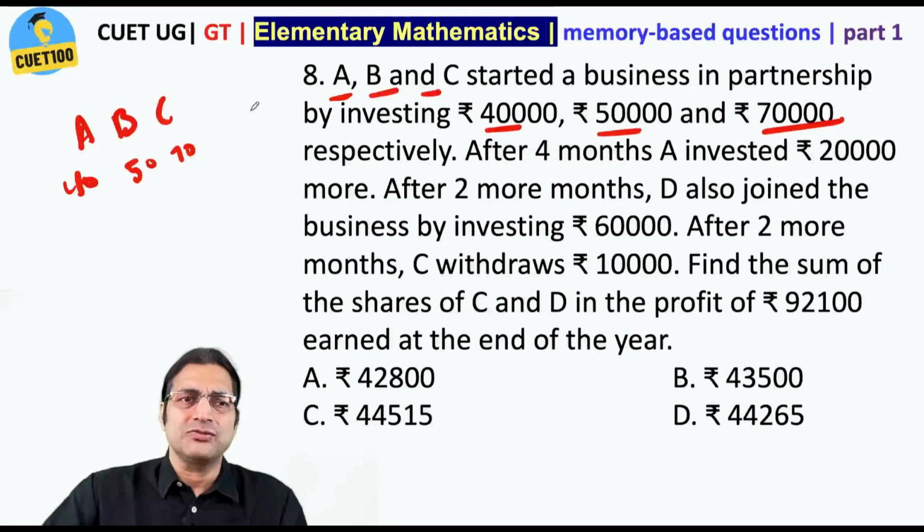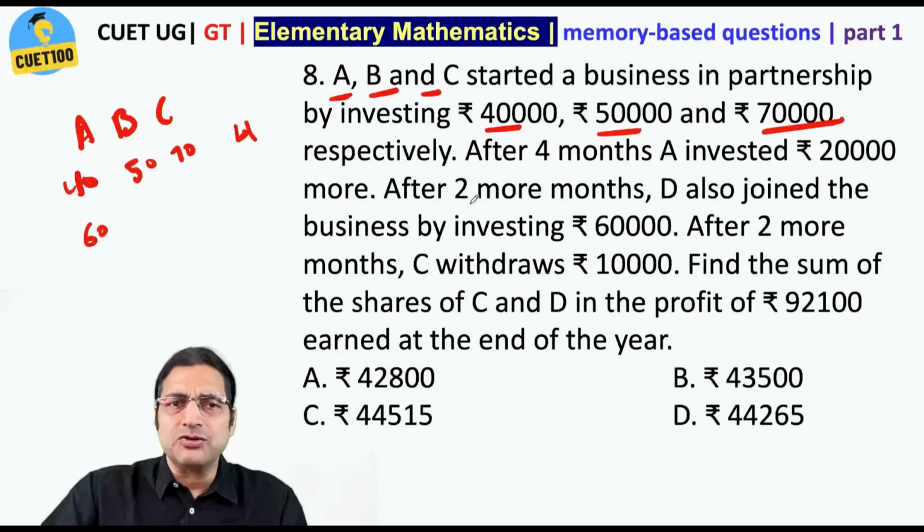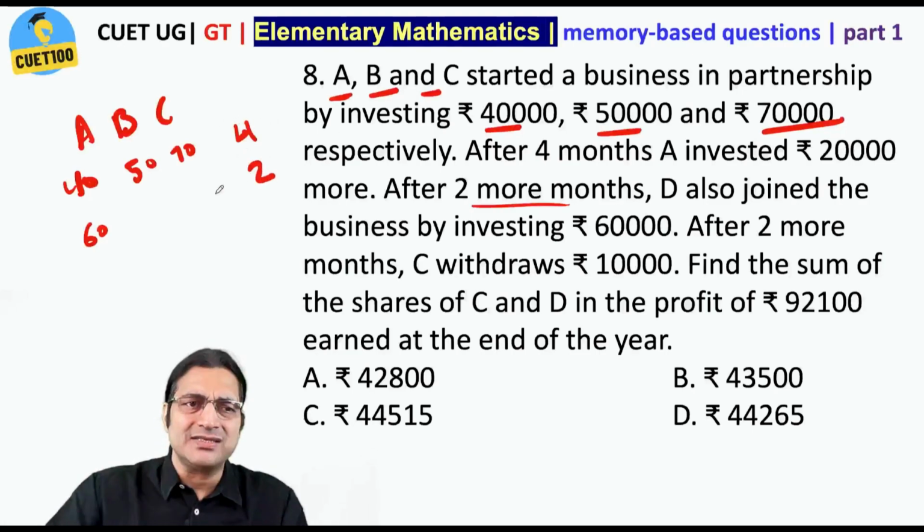After 4 months, so this story continued for 4 months, and after 4 months, A invested 20,000 more. So this 40 became 60 after 4 months. All right. Okay. After 2 more months, D also joined. So this is how it continued for 2 months. It means this remained 50, this remained 60, or rather 70, right?